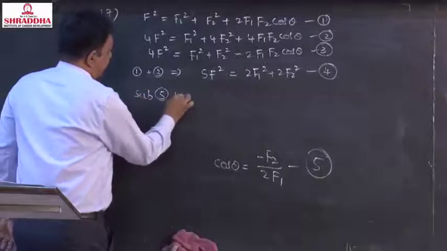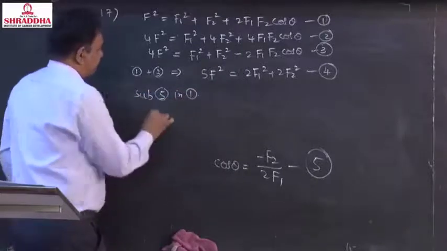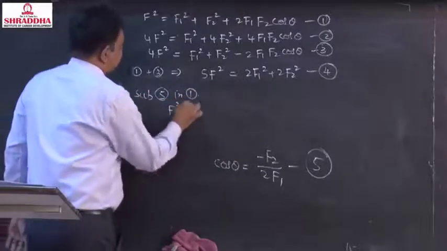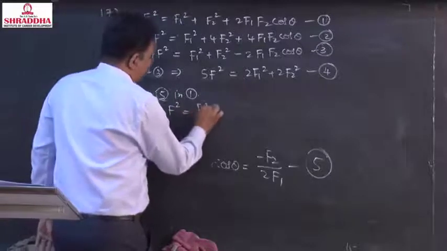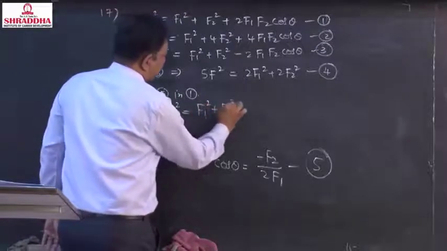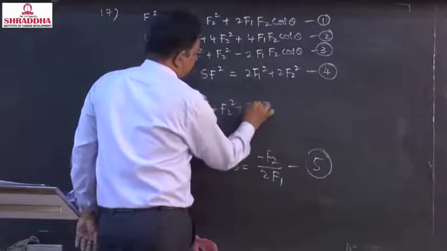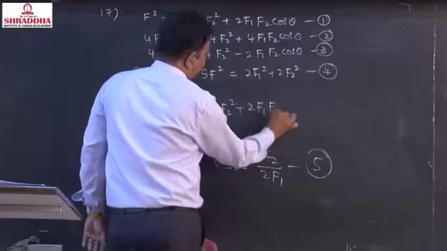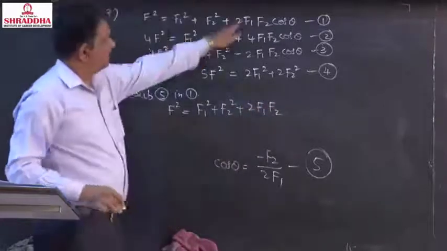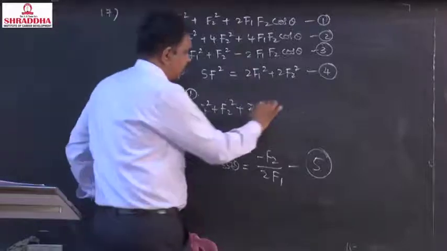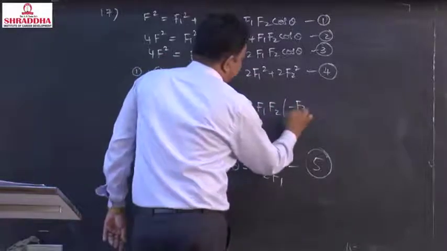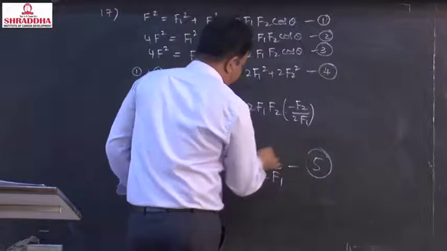Substituting 5 in 1, F square is equal to F1 square plus F2 square plus 2F1 F2 cos theta, place this one, minus F2 by 2F1.